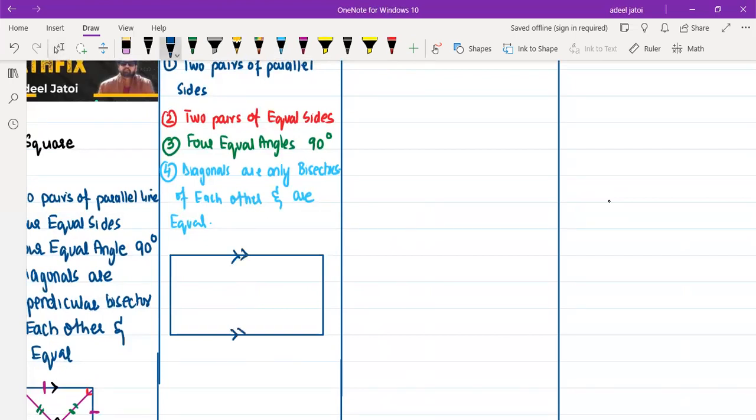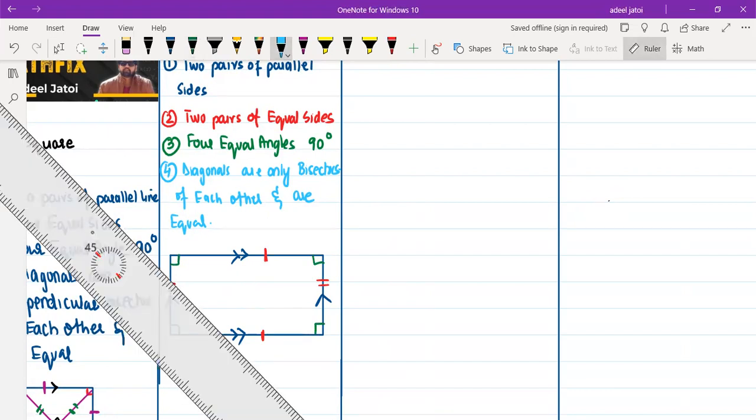These two lines are parallel and these two lines are parallel to each other. Then it says two pairs of equal sides. This is equal to this, whereas this is equal to this. Similarly, four equal angles. This is 90°, this is 90°, this is 90°, this is 90°.